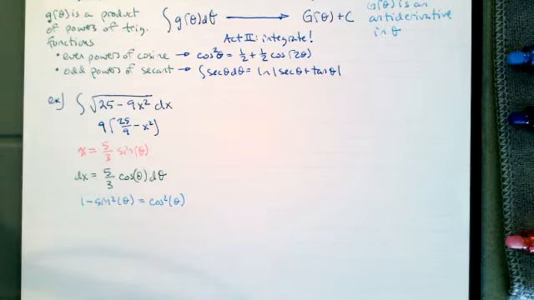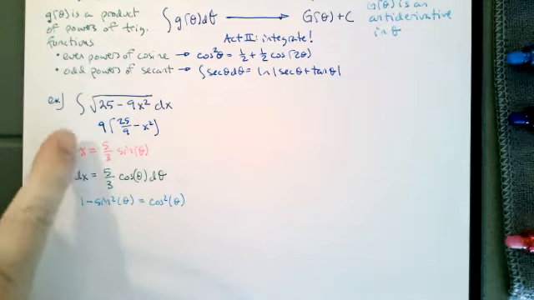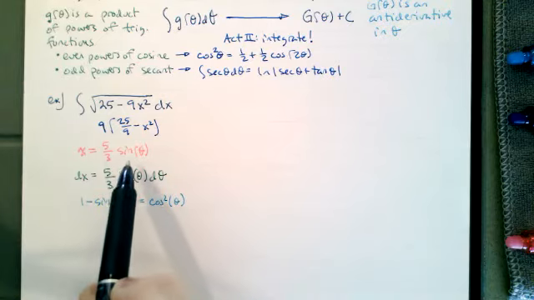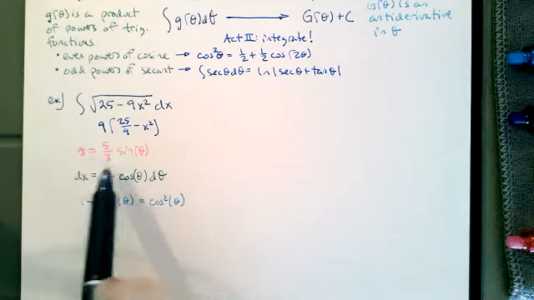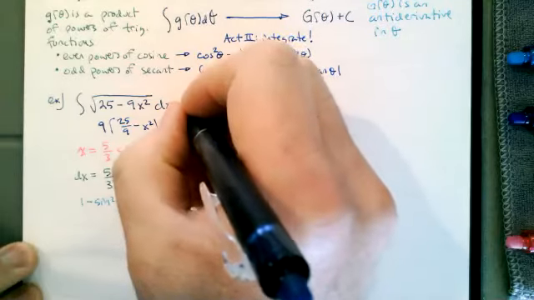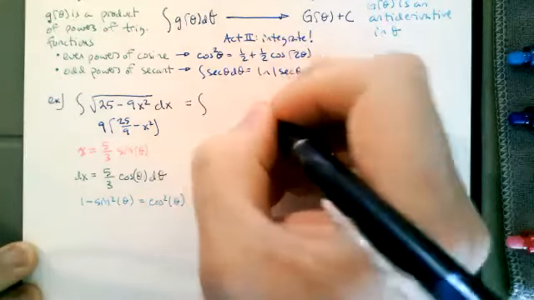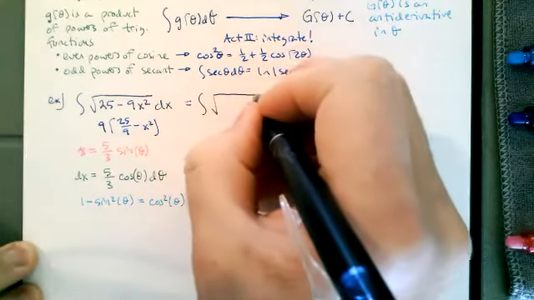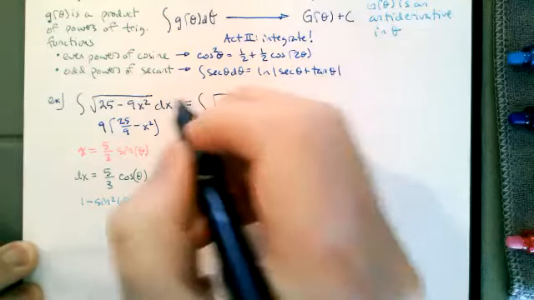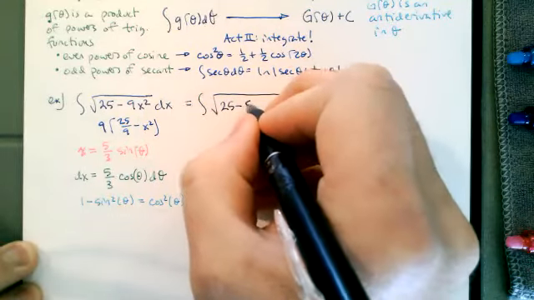In the example we did last time, I left this 9 factored out, but we don't have to. The reason that we factor out the 9 is so we can see what the coefficient of the trig function should be. But we can just take this x and substitute it back into the original. So let's take a look at what will happen. We have the integral of the square root of 25 minus 9, oops, I forgot to write 9.